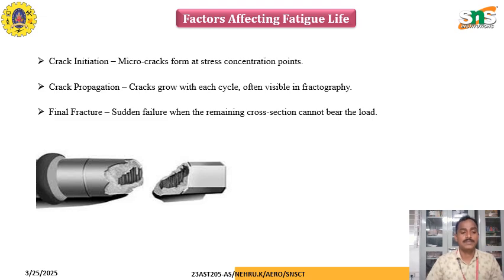Let us take this example of a failed material. In crack initiation, a micro crack forms from a stress concentration point. In crack propagation, the crack grows with each cycle, often visible in the fractography. In the final fracture, sudden failure occurs when the remaining cross section can't bear the loads.